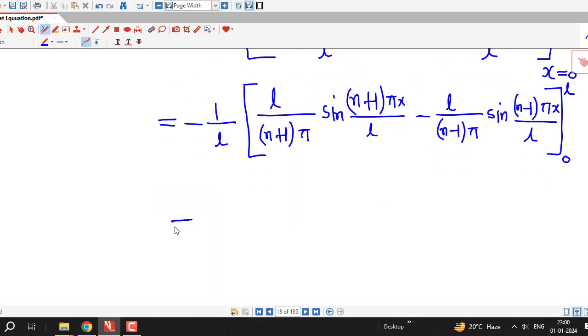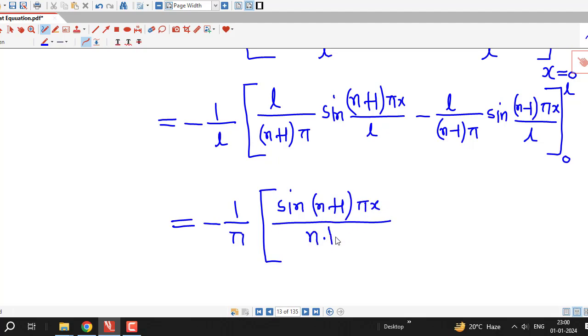Now I can take L divided by π common, so that this L will get cancelled, and I am left with 1 by π. And here let me write: sine of (n+1)πx/L, with 1 over (n+1) in the denominator, minus 1 over (n−1) times sine of (n−1)πx/L.